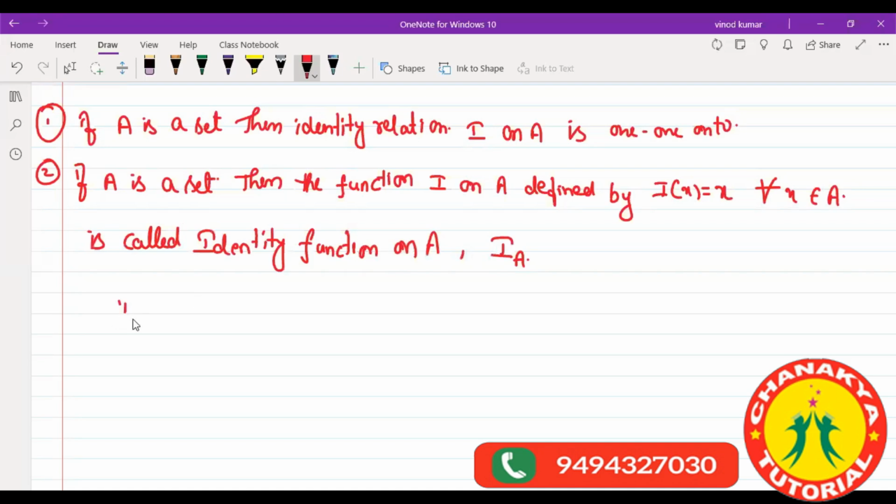That means I_A is a function from A to A. So this is called identity.